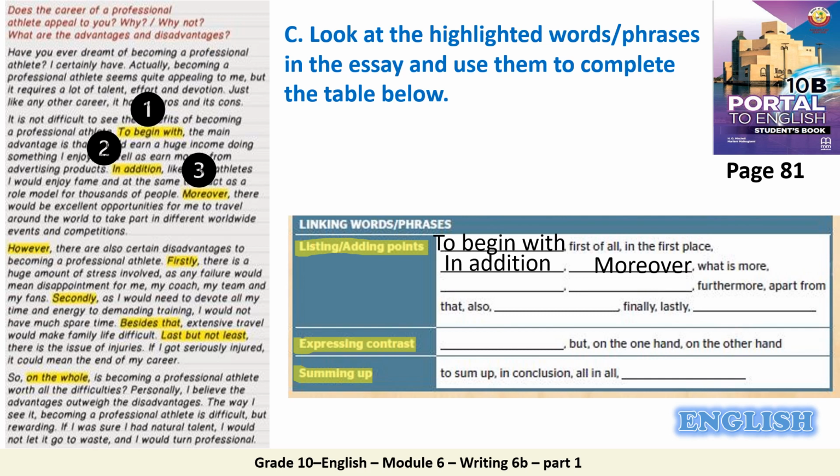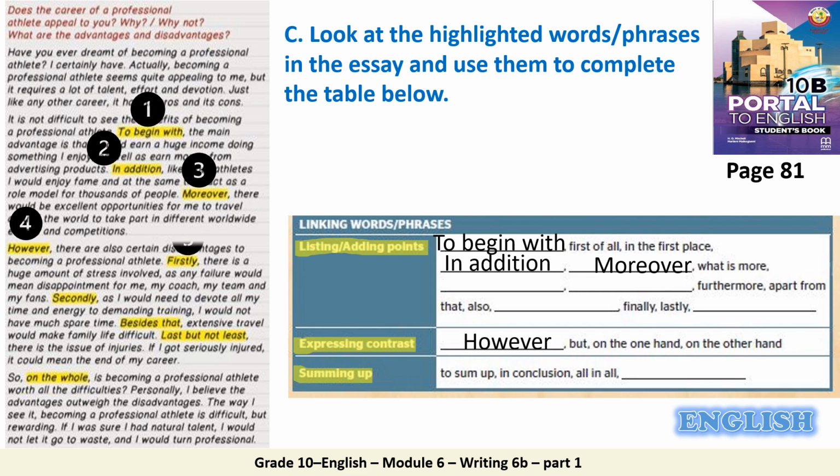It's used in paragraph number 3. So the beginning of the disadvantages. Very good. So in the beginning of the disadvantages, I have to use a linker of contrast. So here, however, but, on the other hand, these are linkers of contrast.